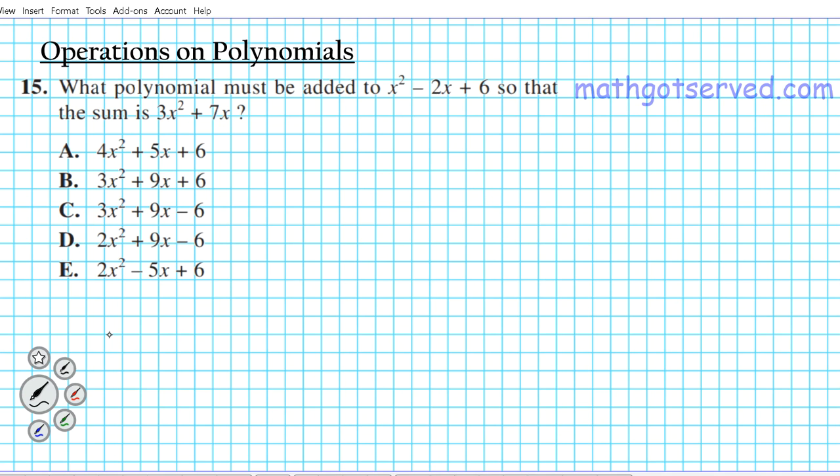All right, so to set up an equation, we have to declare what our unknown is. Our unknown is a polynomial. It says what polynomial? So let's declare that unknown polynomial as p of x. Okay, so let the unknown polynomial be p of x.